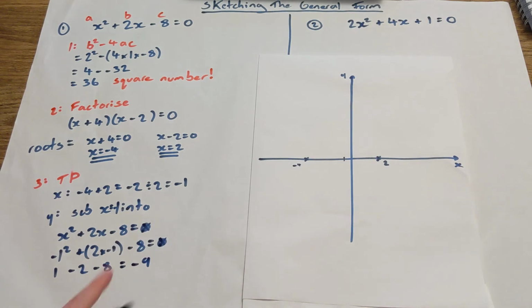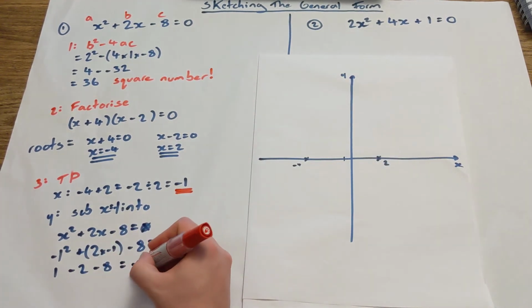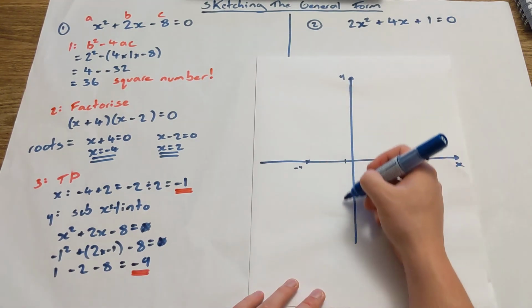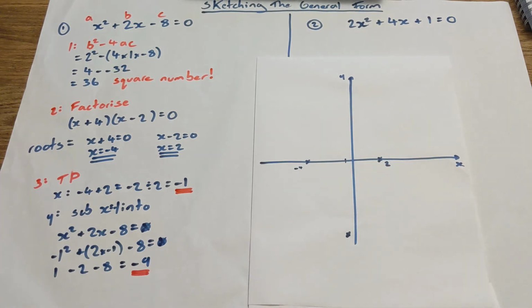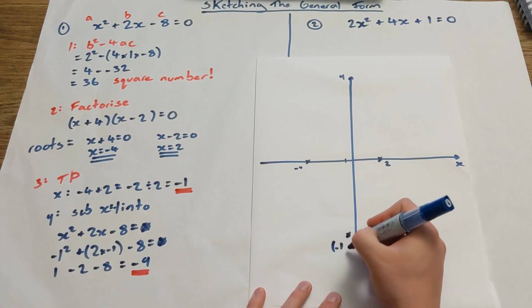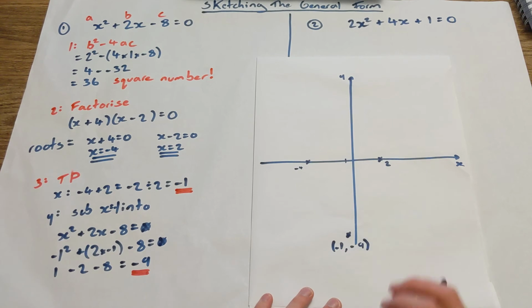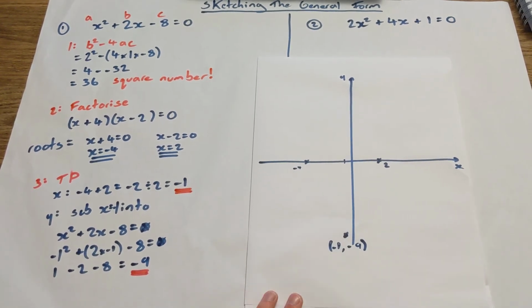So now I've got my x value of the turning point and I've got my y value. So y value down here, probably about down here. And this is the point minus 1, minus 9. Now we've probably got everything we need to sketch the graph.